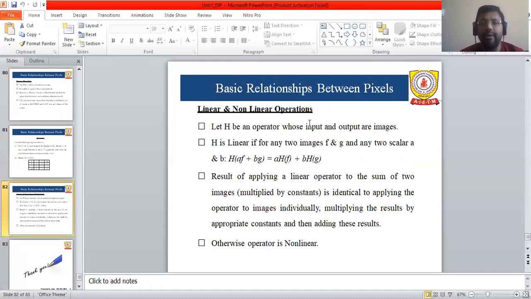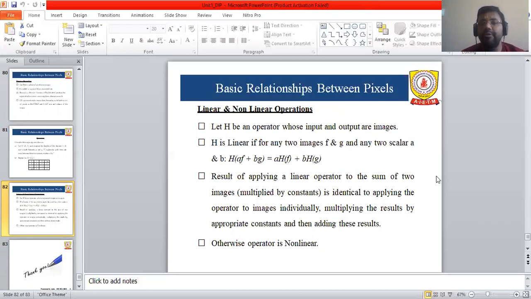Now linear and non-linear operations. Let H be an operator whose input and output are images. H is linear if for any two images f and g and any two scalars a and b, H of af plus bg equals a times H of f plus b times H of g.